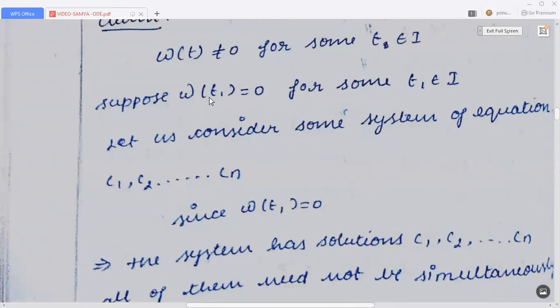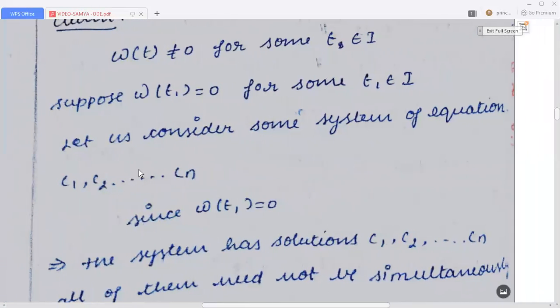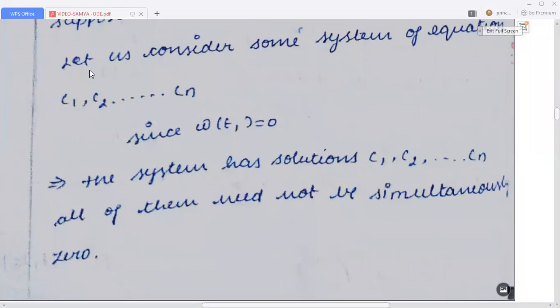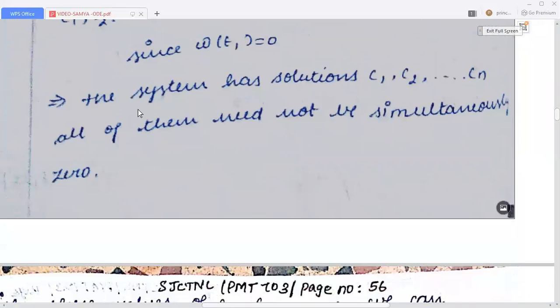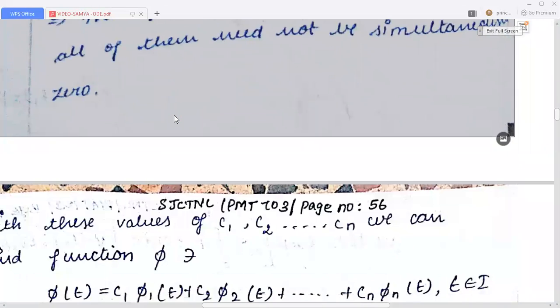Let us consider a system of equations in C1, C2, etc., Cn. Since the Wronskian of t1 is equal to 0, the system has solutions C1, C2, C3, Cn, all of which need not be simultaneously 0.